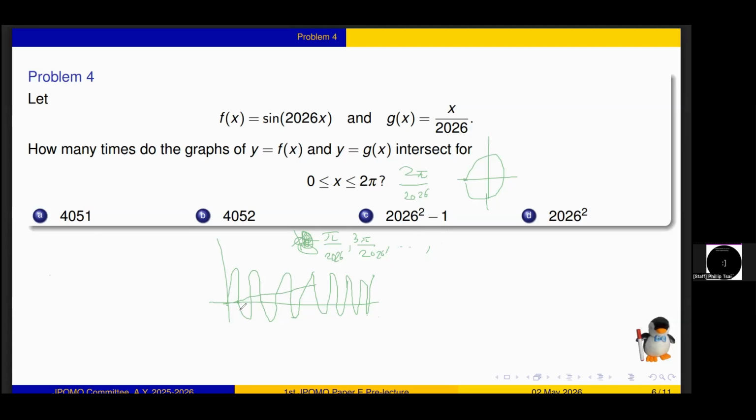Since it only comes in pairs of two, we also know the answer can't be 2026 squared minus 1 or 2026 squared, because there are at least 2026 times 2 pairs, since there are at least 2026 indicators. So you can see here.